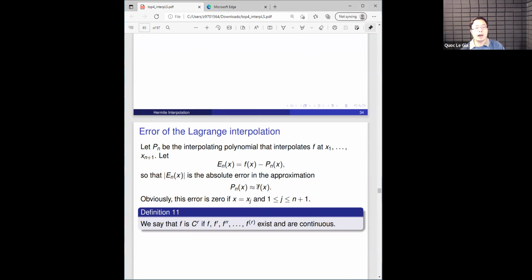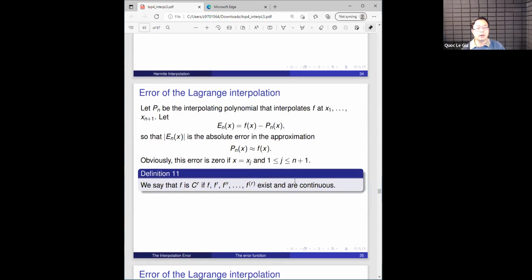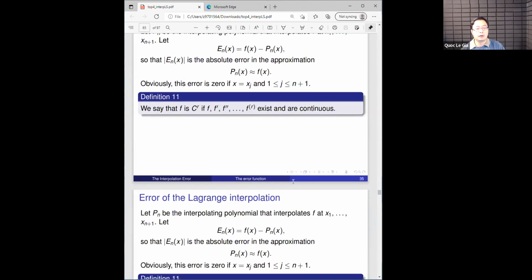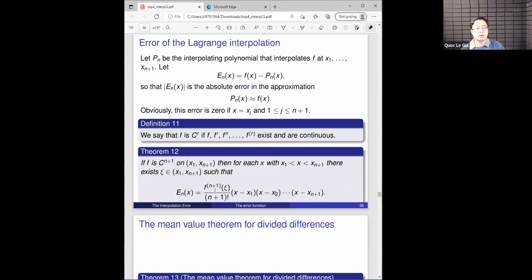This theorem will allow you to state more precisely what the error function is at any x, where x is between the lowest point x1 and the highest point. Before we prove it, let me give the statement of the theorem.